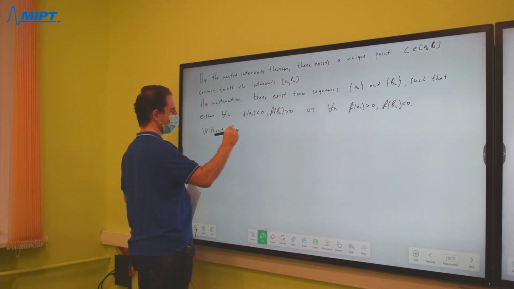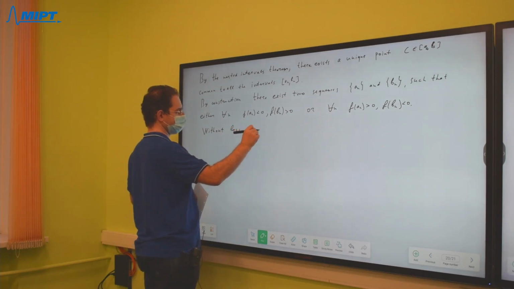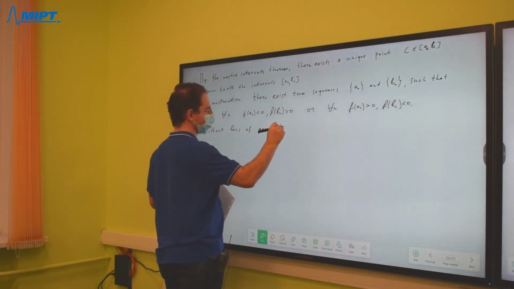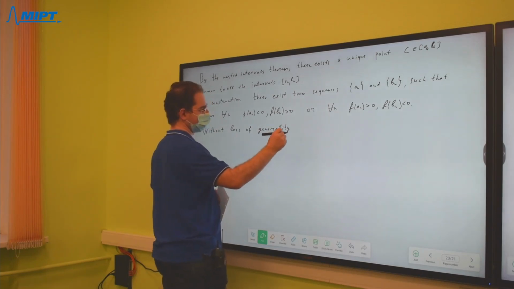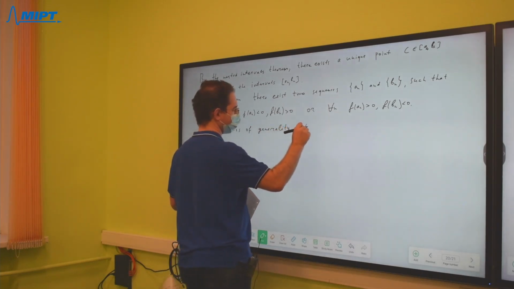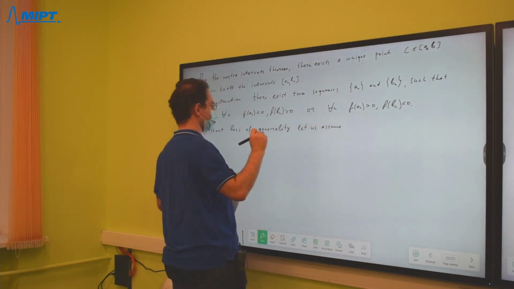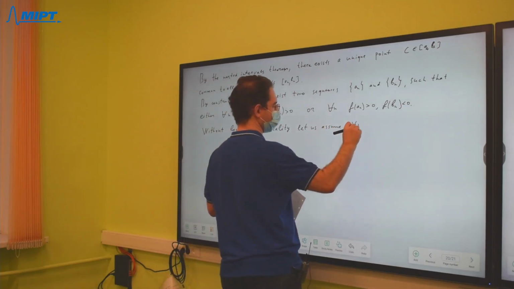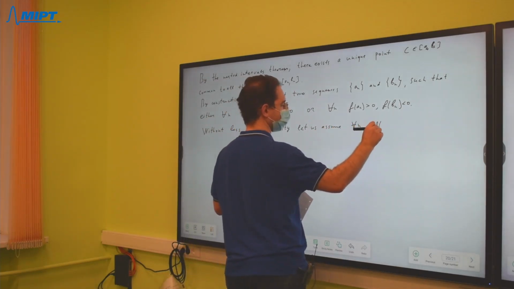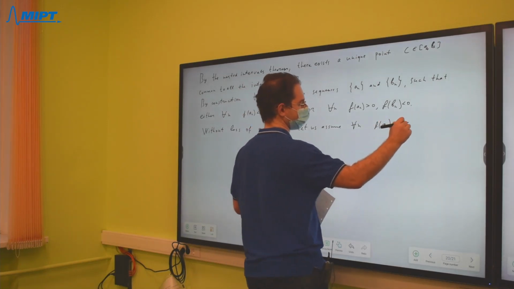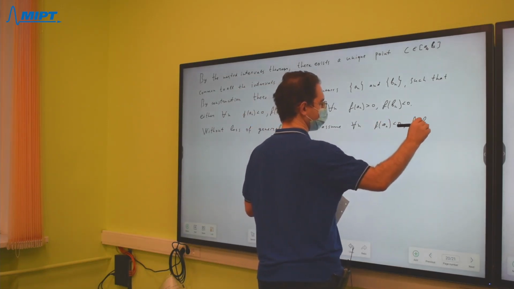Without loss of generality, let's assume the first case: for any n, f of an is less than 0, f of bn is greater than 0.